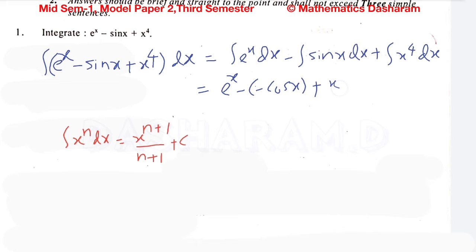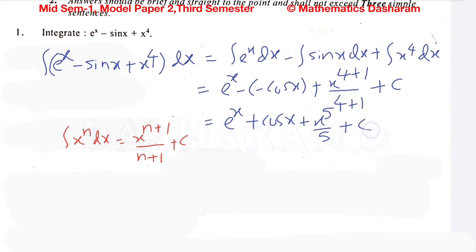So then x to the power of 4 plus 1 divided by 4 plus 1 and add one constant c. So it is equals to e to the power of x minus of minus, plus cos x, plus x to the power of 5 divided by 5 plus c is our required answer.